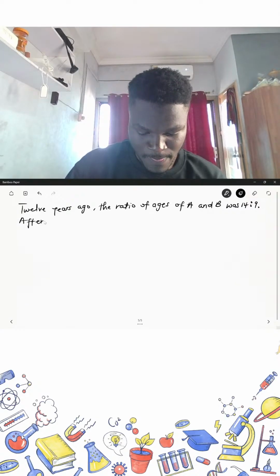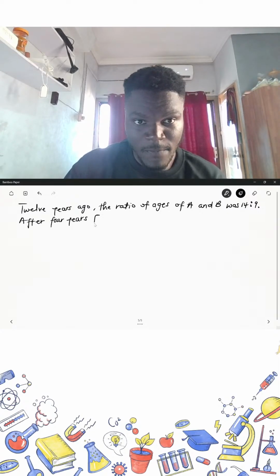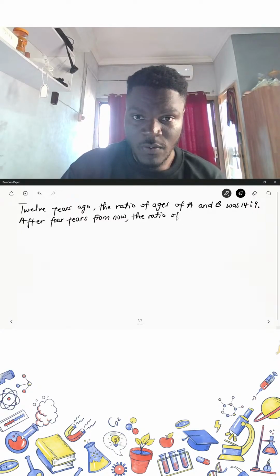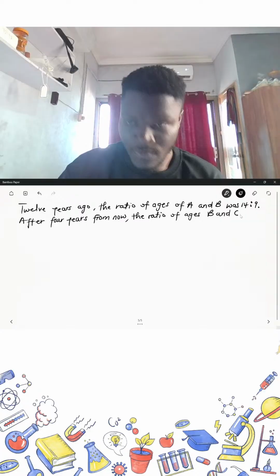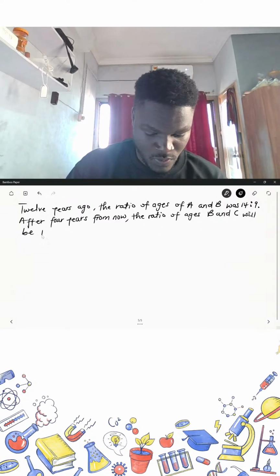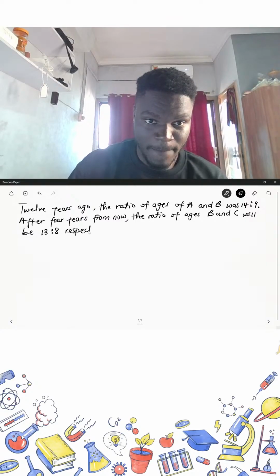Now, after 4 years from now, the ratio of ages of B and C will be 13 is to 8 respectively.